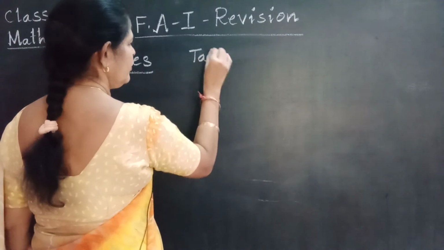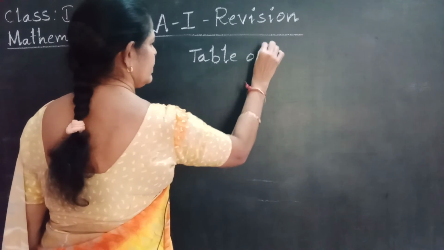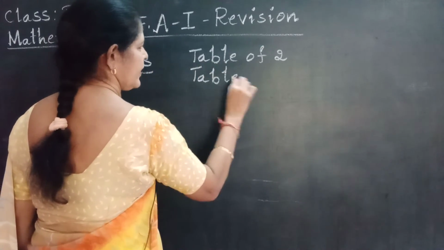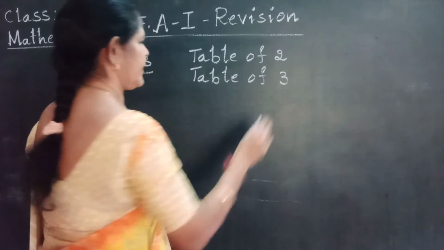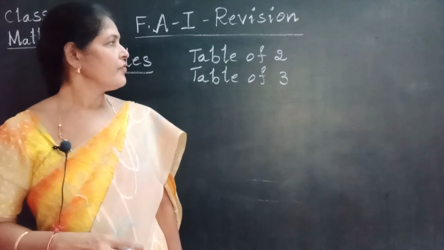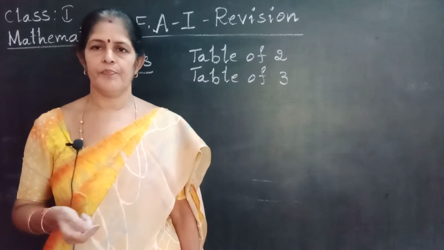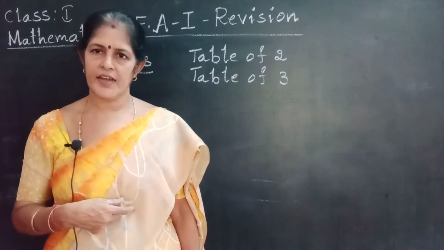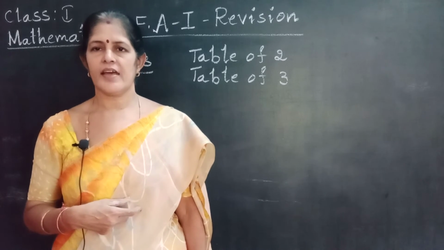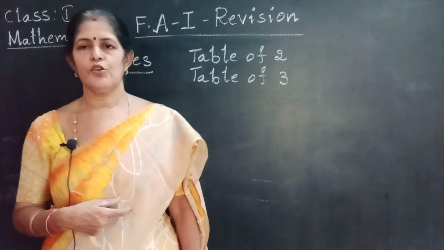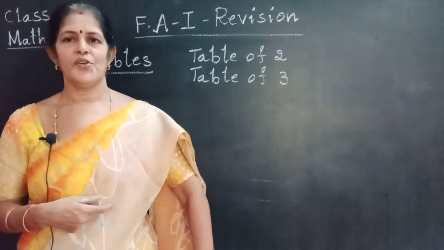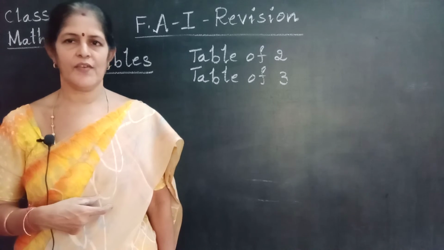Table of 2 and table of 3. Okay, my dear children, you have to prepare for table of 2 and table of 3. Table of 2, 2 1s are 2, 2 2s are 4, 2 3s are 6, 2 4s are 8, 2 5s are 10, 2 6s are 12, 2 7s are 14, 2 8s are 16, 2 9s are 18, 2 10s are 20.